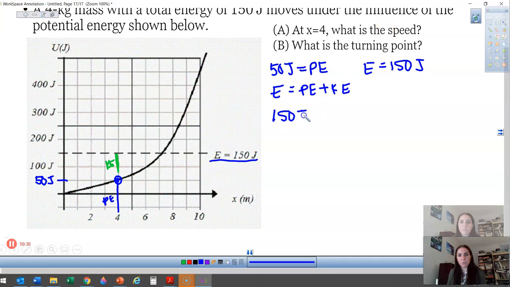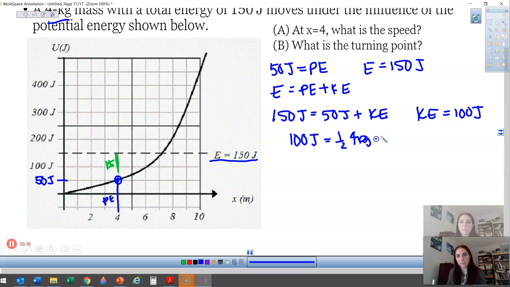So 150 joules is equal to the, there it is, 50 joules plus Ke. And if I subtract both sides, Ke is 100 joules. My speed is going to be 100 joules is equal to 1/2, 4 kilogram mass, sorry, it's up there, times v squared.